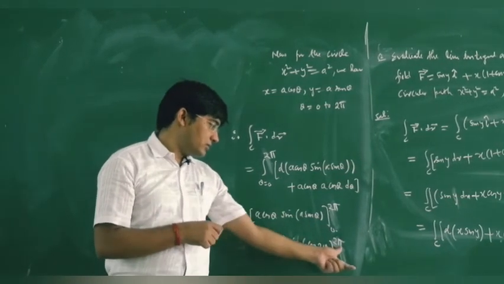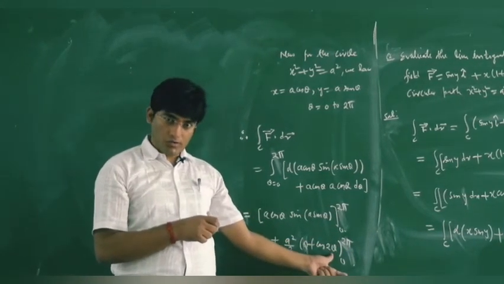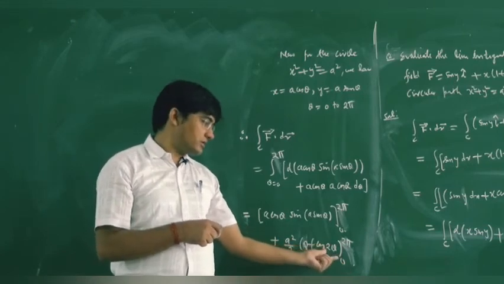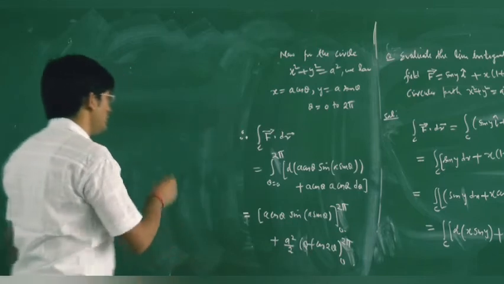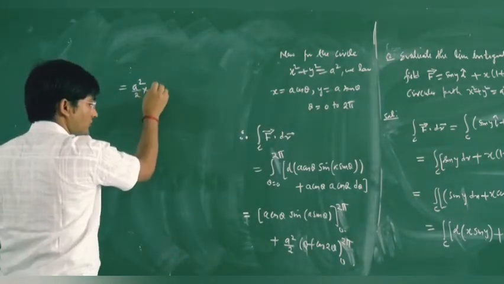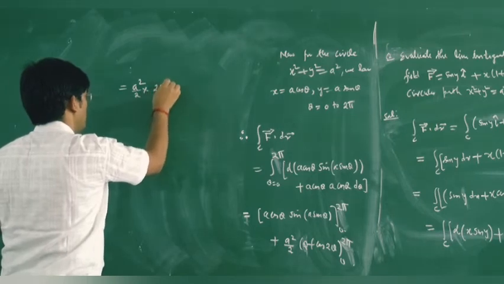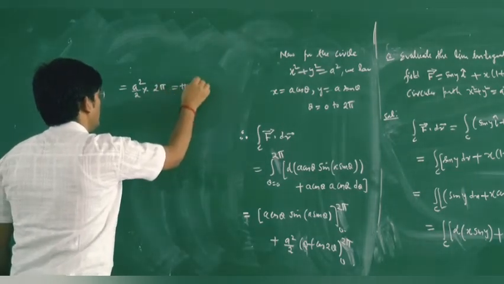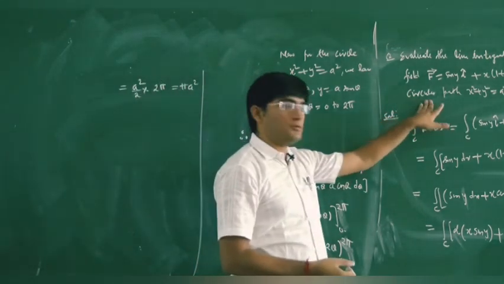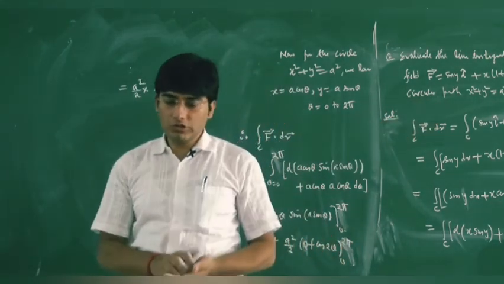Now here we have cos 4 pi, your cos 4 pi is 1, and your cos 0 is again 1, so this term is again 0. So we have this limit equal to a squared by 2 into theta, theta is your 2 pi, so this is your pi a squared. So the value of this line integral over this circular path is equal to pi a squared.